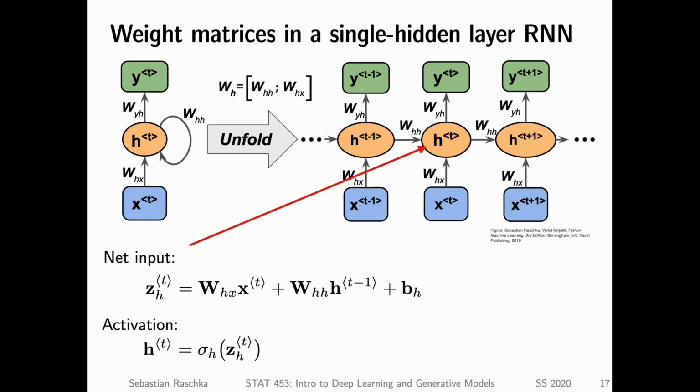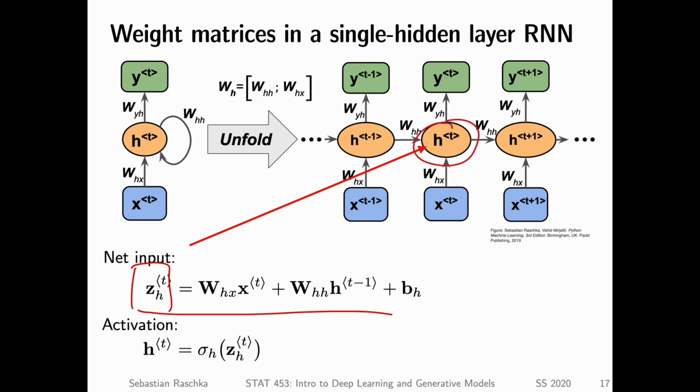So here I'm now showing you how the net inputs are computed. I kind of hinted at this already in the previous slide, but just to make it absolutely clear, I included the equation here, and this is computing the net input z_h for time step t.